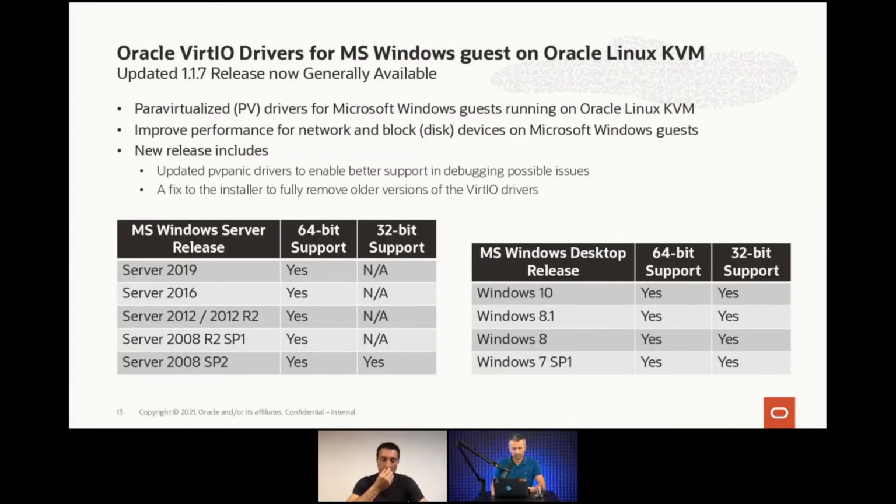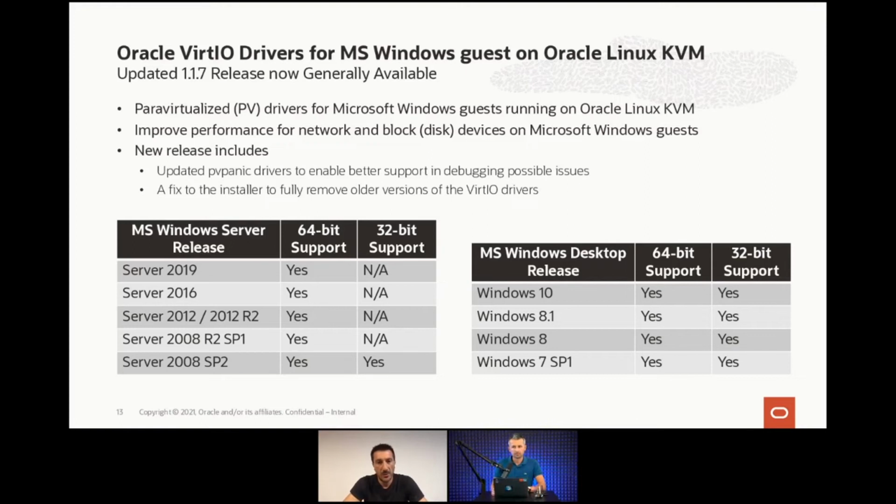Moving ahead, another thing we continue to work on is related to the Microsoft Windows guest support on Oracle Linux KVM. We announced the updated release for Oracle VirtIO drivers. 1.1.7 is the latest release available today.